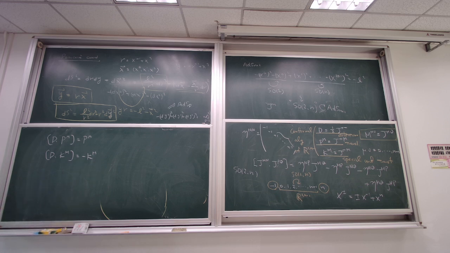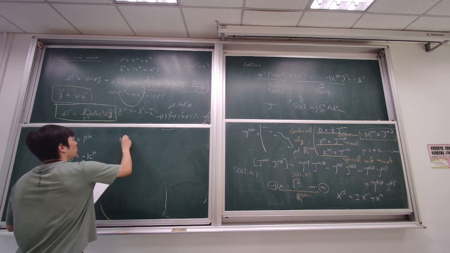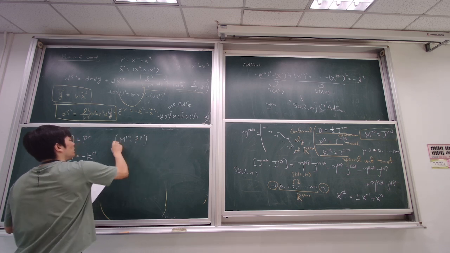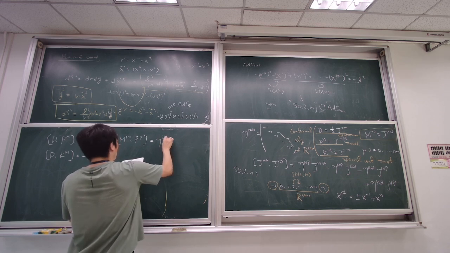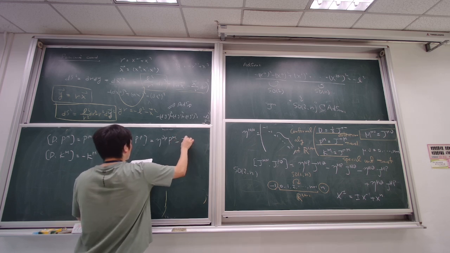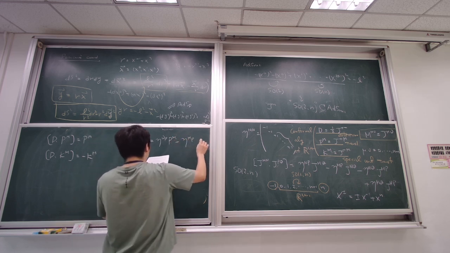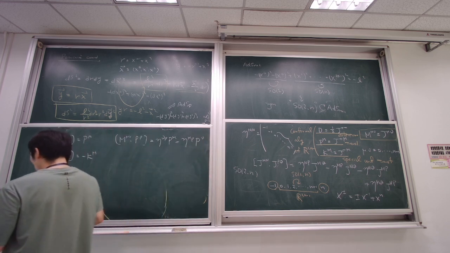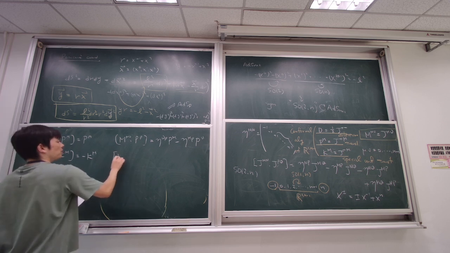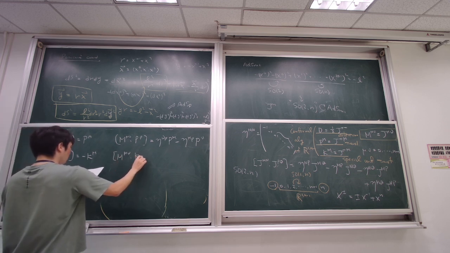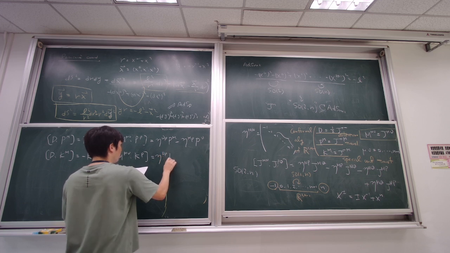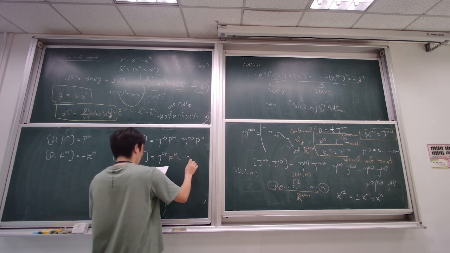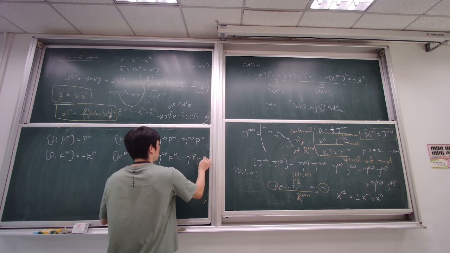And then [M_mu nu, P_rho] behaves like a vector, delta_mu rho P_nu. And K also behaves the same way.